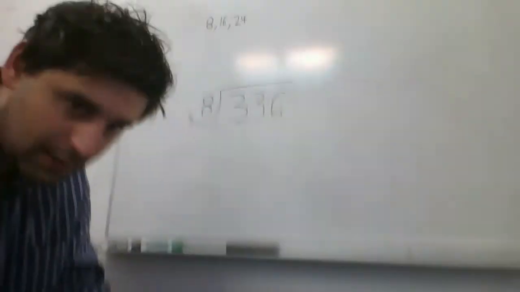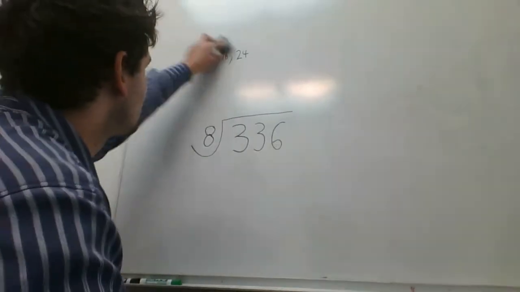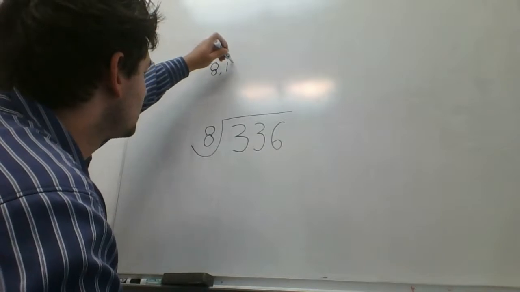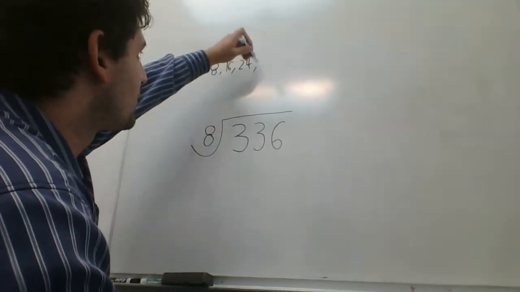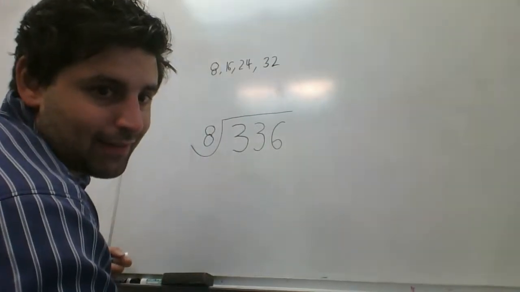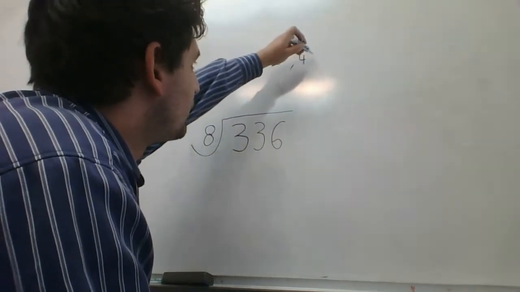Let me make that a little bigger so y'all can see. 8, 16, 24. We are at 3 groups of 8 so far. Now I'm going to count by 8 again. I'm at 32. Currently at 4 groups of 8. Now, if I count by 8 again, I'll be at 40. 40 is too far.